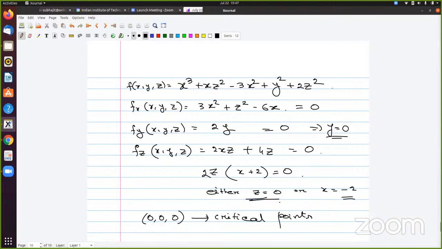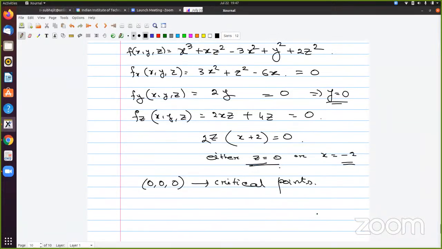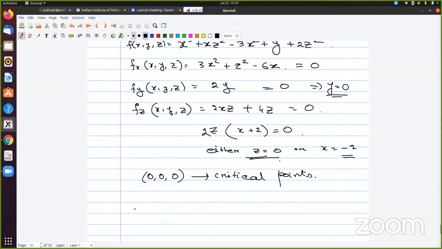So all the options involve only 0, 0, 0. So it is enough to check that 0, 0, 0 is indeed a critical point. And what is fxx? It is 6x minus 6. Fxy is 0. And fxz is 2z.